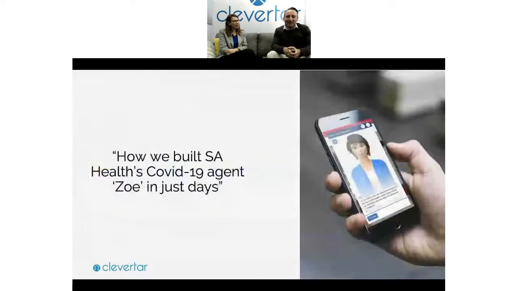Looking forward to talking about how we build our virtual agent programs in general, but particularly looking at our installation, which is Zolly, as we've said, with SA Health, which recently came about due to the unfortunate COVID-19 situation, which is obviously crippling the world.